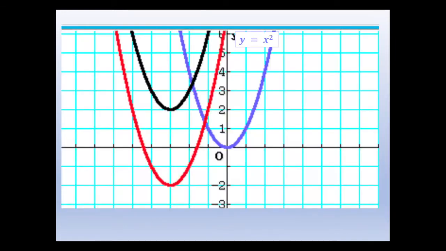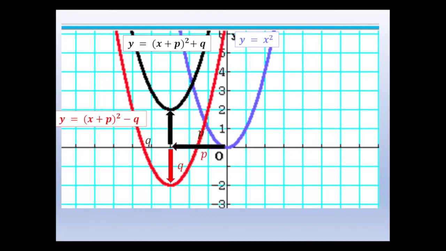Alright, let's have a look at the graph. This is a general graph. Purple line is y equals x squared. Red line is y equals x plus p all squared minus q. So you can see that the translation of the basic parabola from y equals x squared is to move to the left by p and then move down by q.